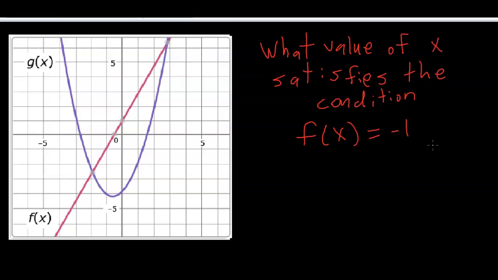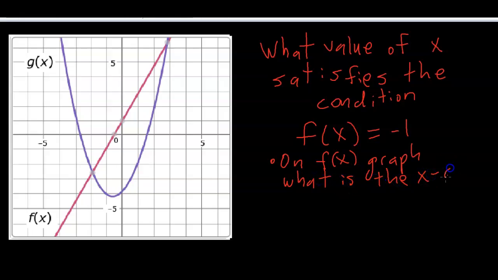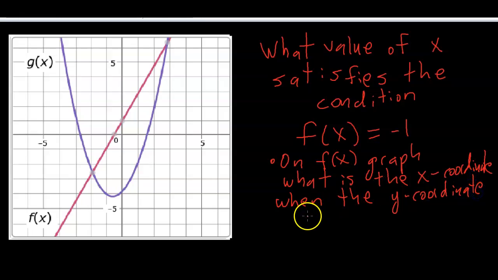Again, we can think of that as meaning what is the input that causes an output of -1 in the function f, or we can also think of it on the graph of f of x: what is the x-coordinate when the y-coordinate is -1?